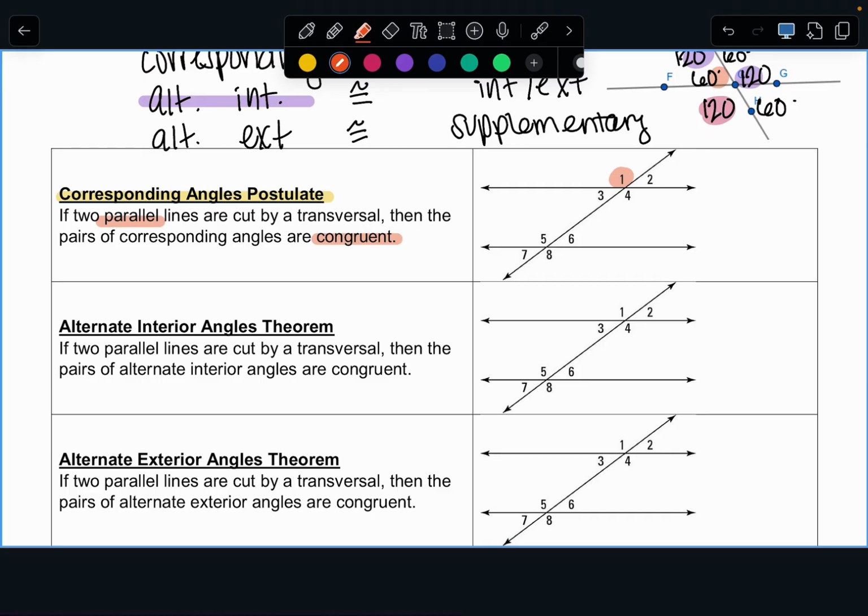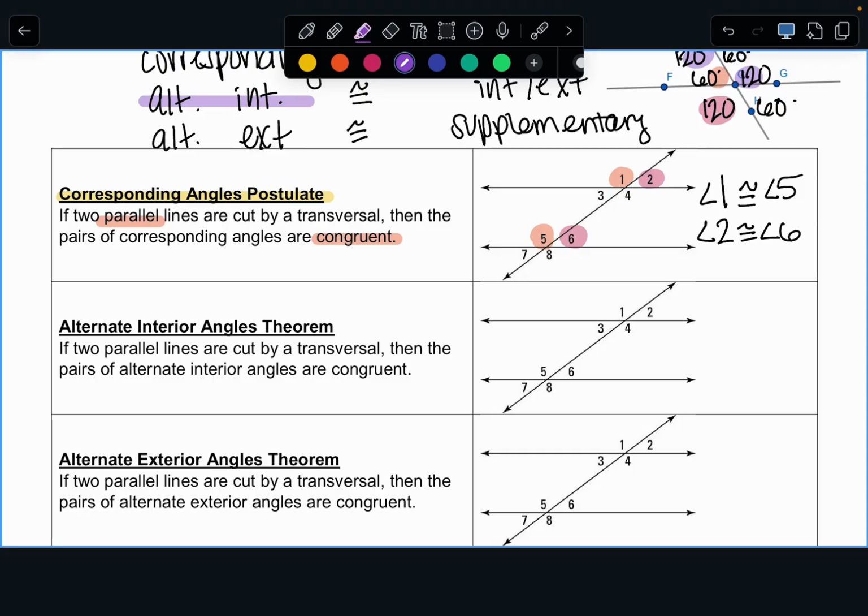So what angle number is congruent to angle 1? What's its corresponding angle? Corresponding, 5. It is congruent to angle 4, but not because corresponding, because vertical. But angle 1 and angle 5 are corresponding. What about angle 2? What's its corresponding angle? So angle 2 is congruent to angle 6 because they're corresponding and on parallel lines.